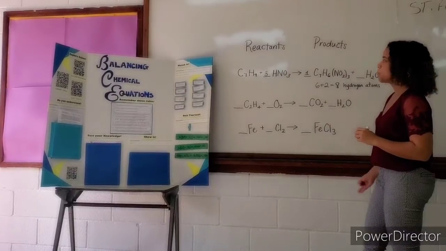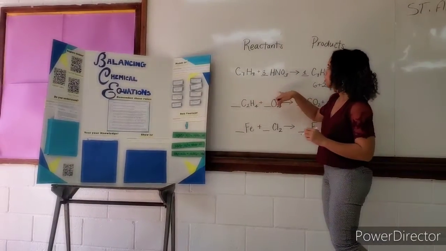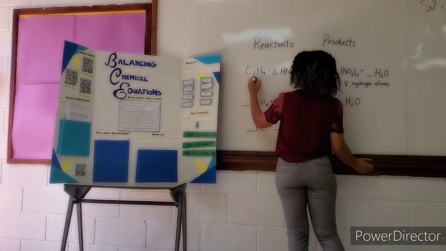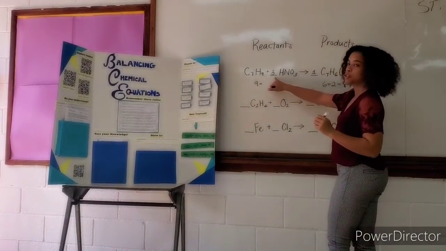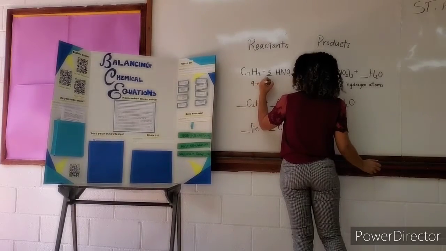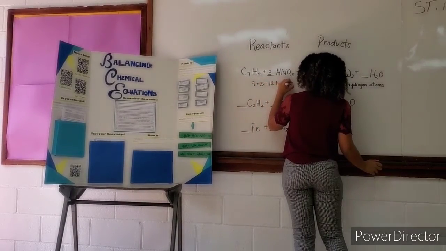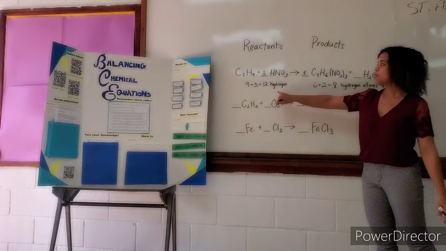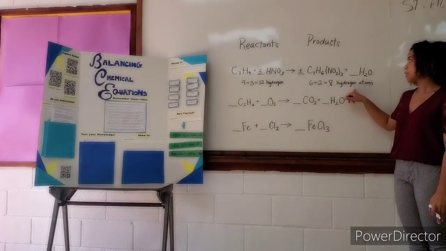Now, if we refer back to the left side of our reaction, we currently have 9 hydrogen atoms plus 3 hydrogen atoms. We have 12 hydrogen atoms. So let's pause here. Notice that we have 12 on the left side and we have 8 on the right side.